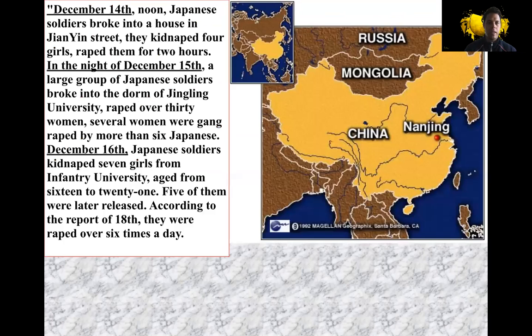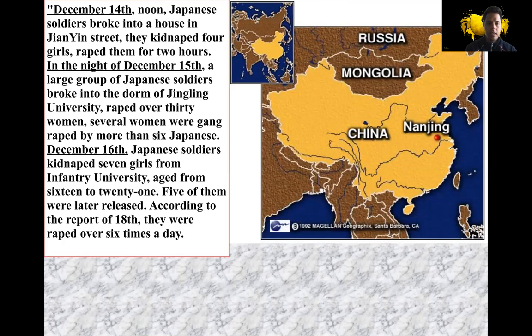On December 14th, around noonish, these are some examples, Japanese soldiers broke into a house on Jianyin Street and kidnapped 4 girls and raped them for 2 hours. In the night of December 15th, a large group of Japanese soldiers broke into a dorm of Jingling University and raped over 30 women. Several women were gang raped by more than 6 Japanese soldiers.